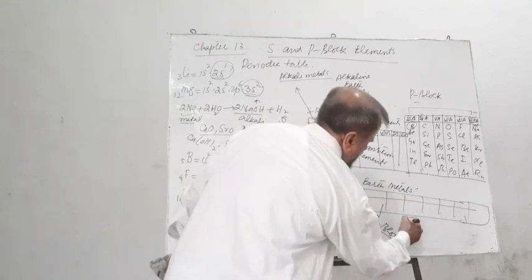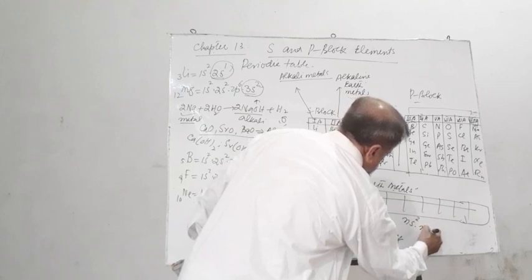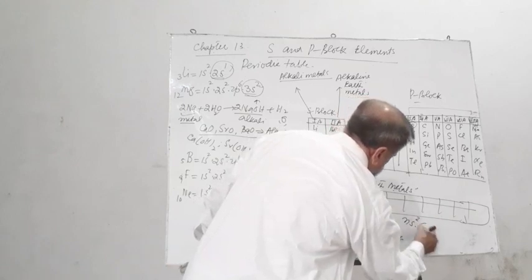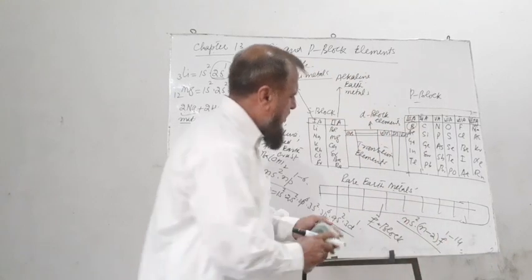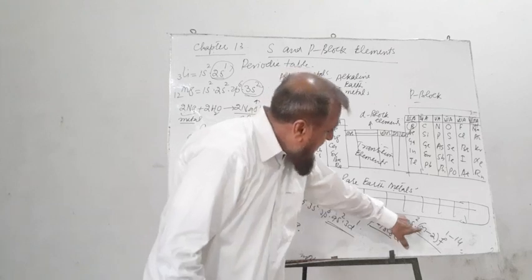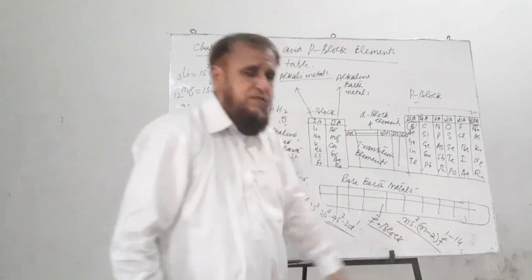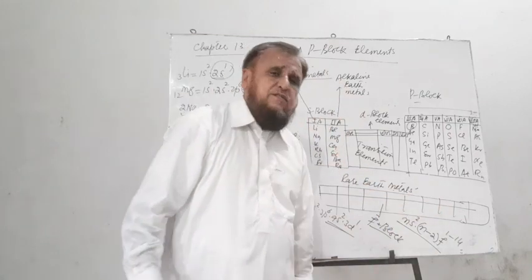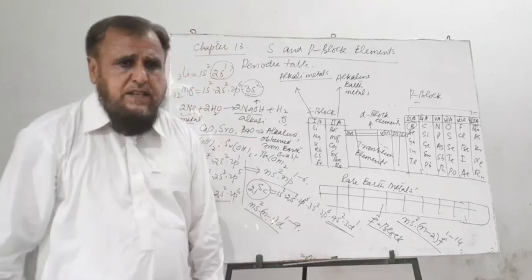Their general electronic configuration can be written as ns2, (n-1)d, (n-2)f1 to 14. If 6s orbital is filled in these elements, then 4f orbital follows. The 6s will be filled first and then 4f will be filled according to the n plus l rule.